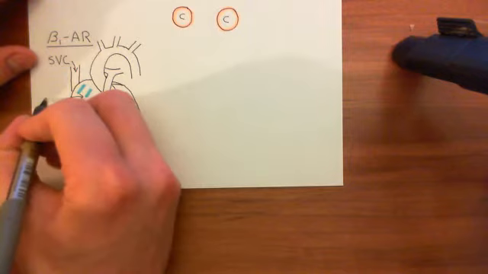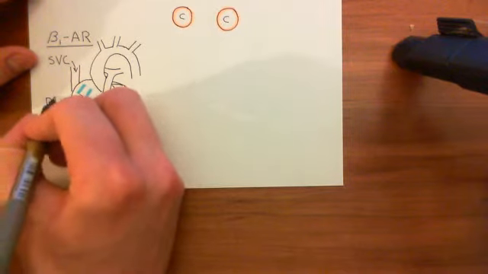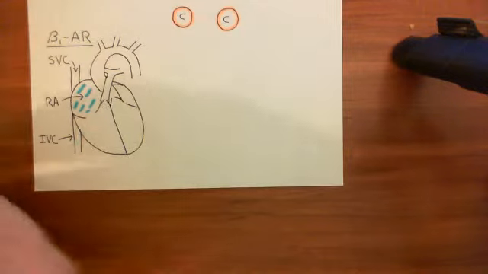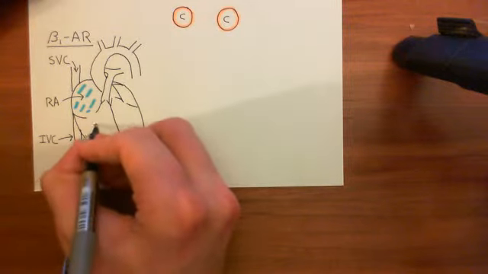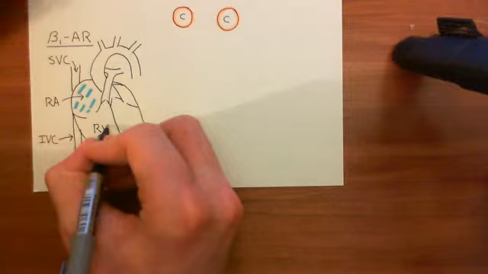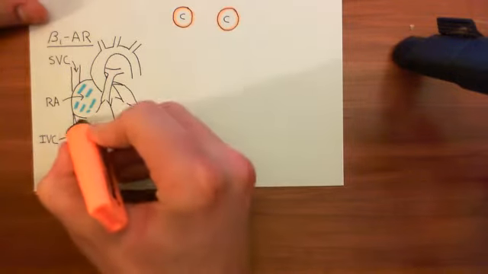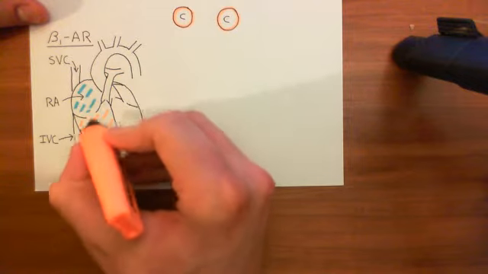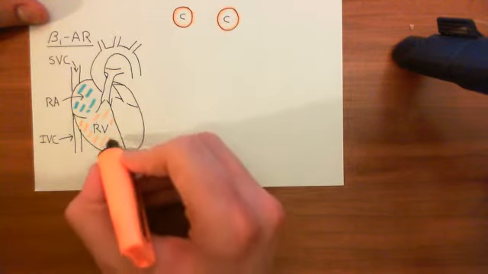Here we have the right atrium, which I'll just denote as RA. Then we have the right ventricle here, which I'll have in orange. Between the right atrium and the right ventricle, you have the tricuspid valve here.